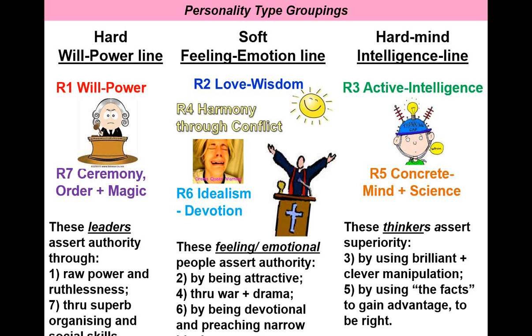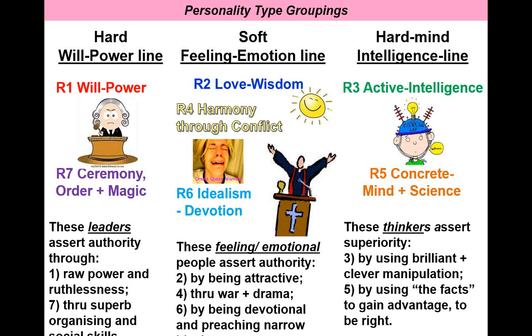Ray 4, though, is the war ray, the drama ray, because it oscillates backwards and forward, is the ray of war, ray of conflict. So they really are good at going to war as well, but they also have within them innately the peacemakers. So there'll be a lot of people listening to me who have Ray 4 minds or Ray 4 personalities, who though they know they can create conflict and create a drama because they've got Ray 4, also are the peacemakers and will put their hand out and be willing and yearning to make peace with those they've been at war with, because that is the nature of the fourth ray.